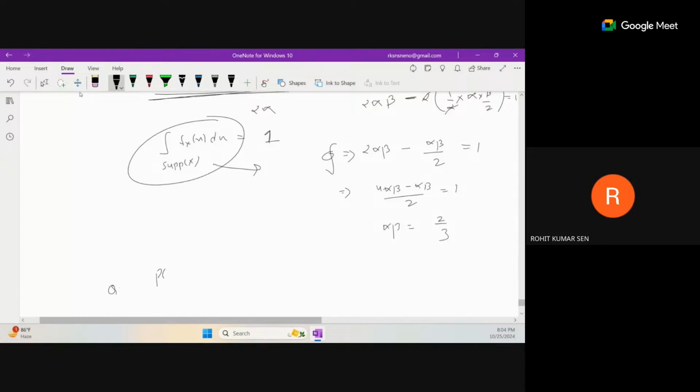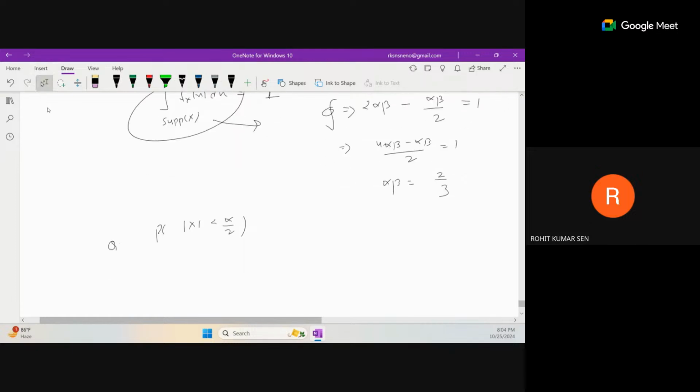Find the probability of x bar less than alpha by 2. Okay, so x bar is alpha by 2. Probability of x bar less than alpha by 2 means what? This is clear? Yes, sir.